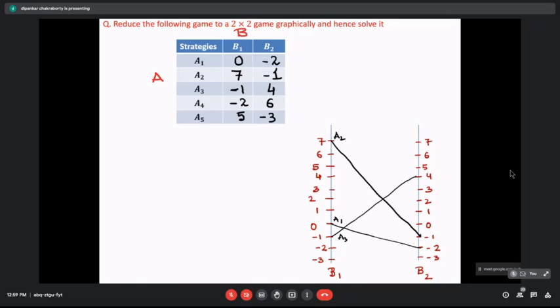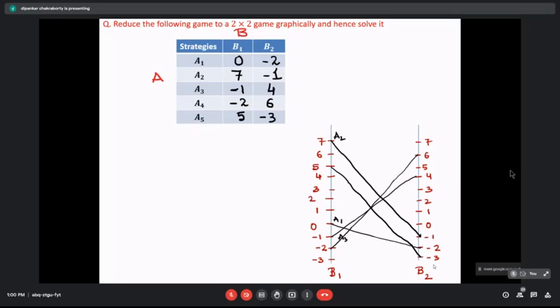So here it is -2 and here it is 6. You have to draw this very carefully because the lines are overlapping. And A5 is 5, -3. Although here it is not coming as a straight line because it's very difficult for me to draw a straight line in a pen tab. Okay, it is 5, -3.